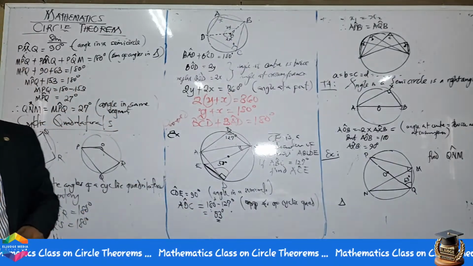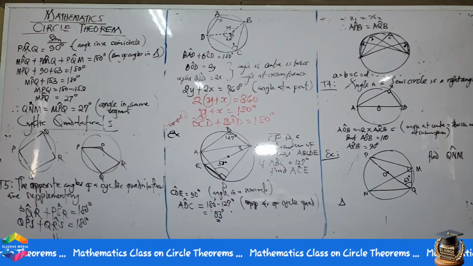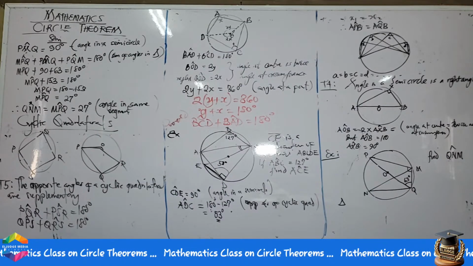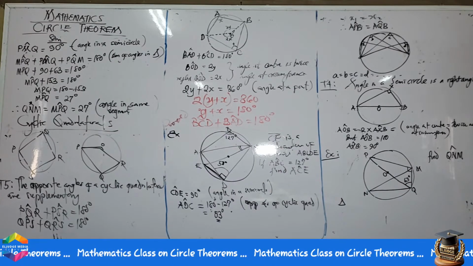We have found EDC, which is 90 degrees, which we also wrote as CDE as 90 degrees.